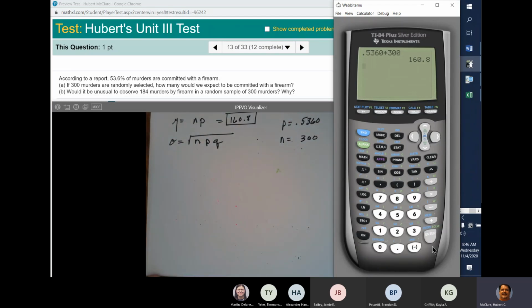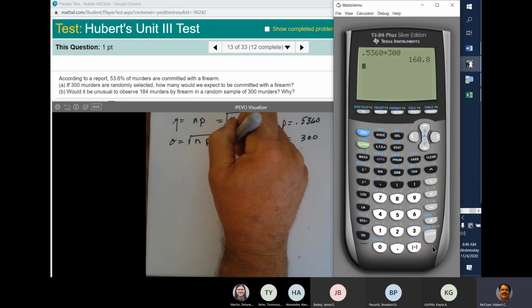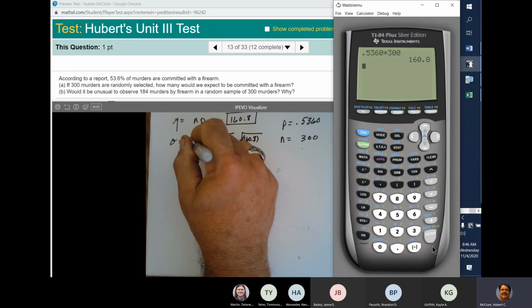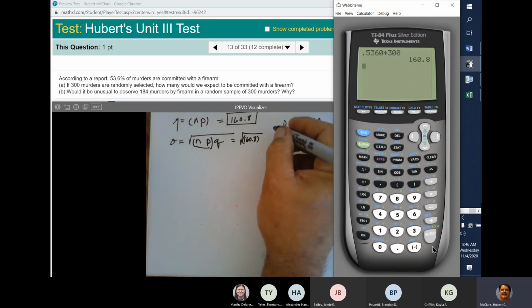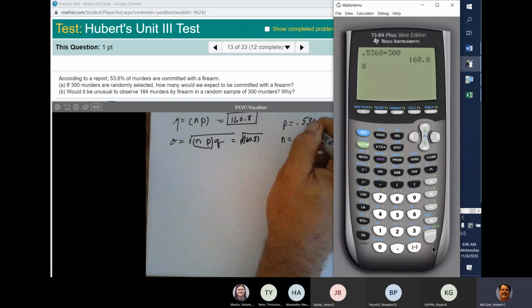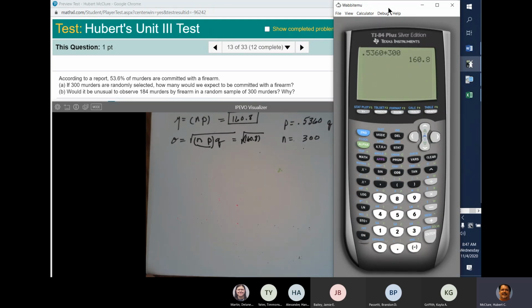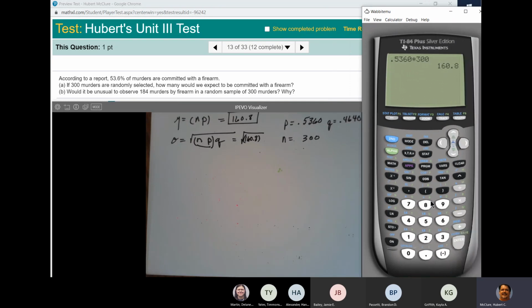And the standard deviation is going to be equal to the square root of 160.8, which is NP, times Q, which is the complement of this, 0.4640. I think that's right. Somebody check me. I'm going to ask Miss Griffith to check me, please. So I'm going to take that number and multiply it by 0.4640.